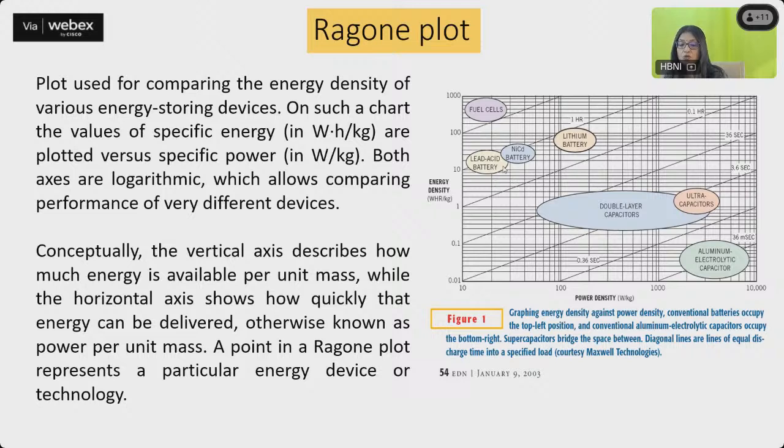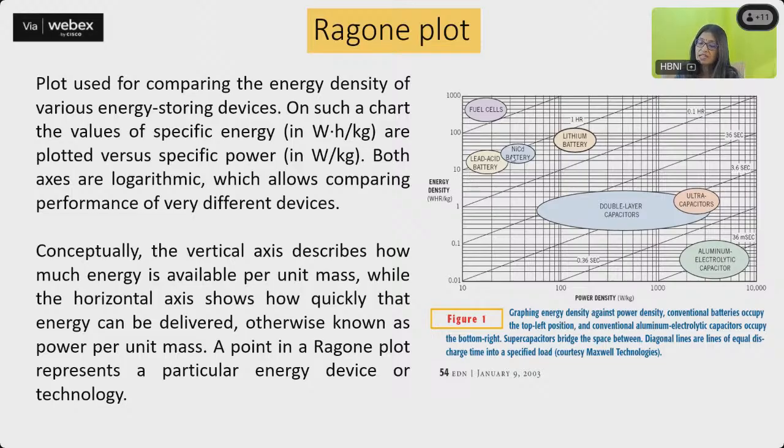Whereas if you look at fuel cells, the energy density is very high, but the power density is extremely low. Aluminum electrolytic capacitors have very high power density. Almost comparably, you will find the power density in ultra capacitors, but the energy density of ultra capacitors is much more. That is why we'll discuss ultra capacitors a little in the coming lectures.